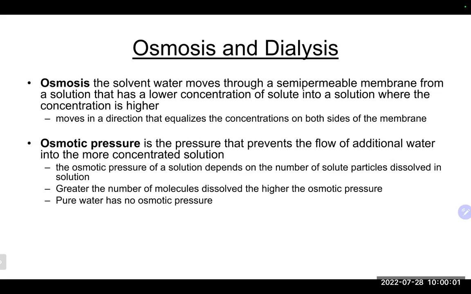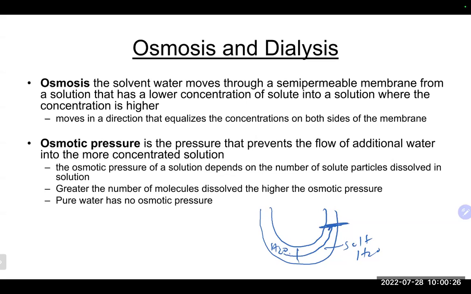It will continue to flow until we hit that osmotic pressure, which will stop that flow of water molecules, for example, from one side to the other. Again, if the water was on this side and our salt solution was over here, the water will continue to flow until it hits that osmotic pressure.